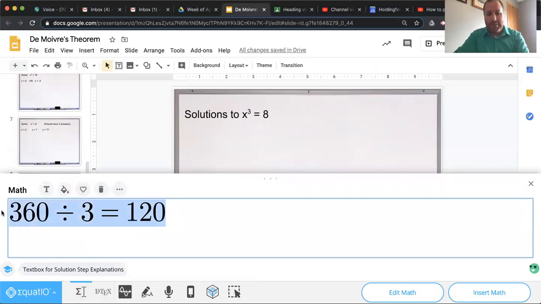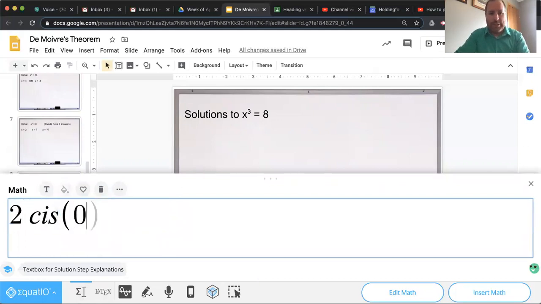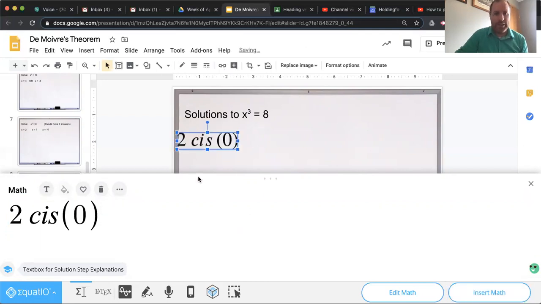well, it's going to be 2 cis 0, right? That's one possibility. And it's not going to let me do enter here, is it? Nope. Doesn't like me to do that. All right, so there's one possibility in there, right?